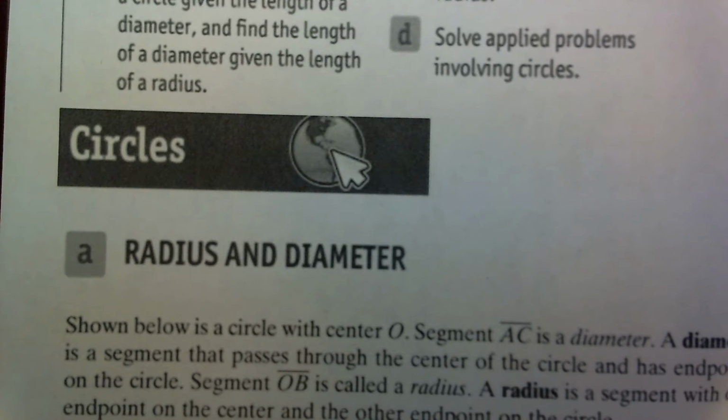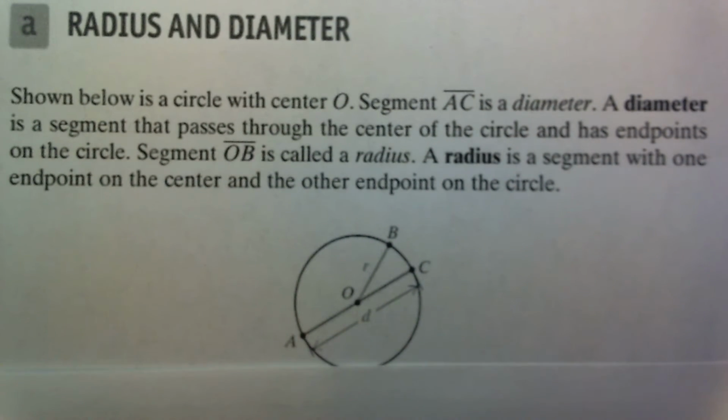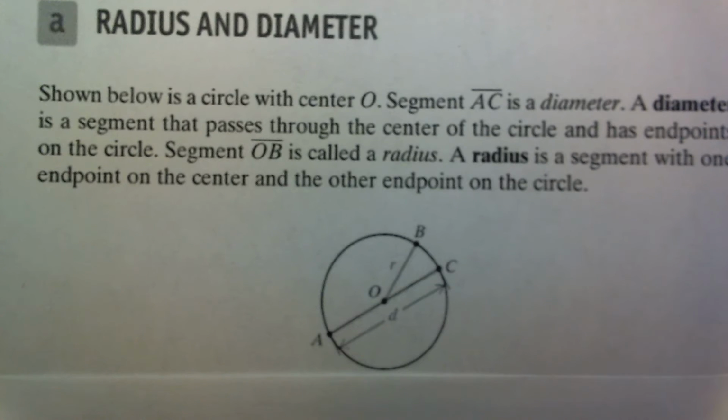So here's an identifying figure, a circle. I'm sure you've seen all of that. And there are various parts to the circle, and it's important that you know which is which.